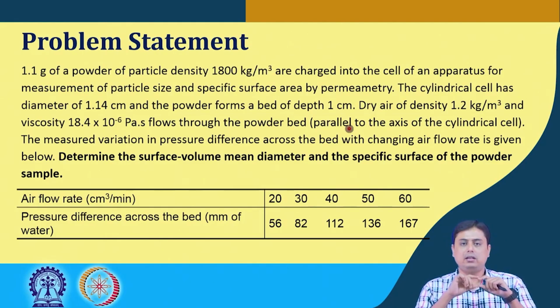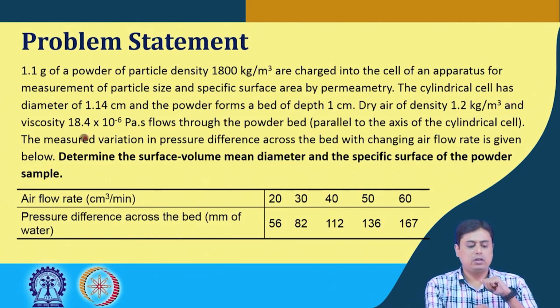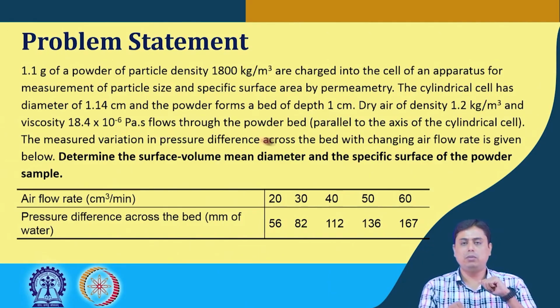Once you fill that cell with the 1.1 gram of powder, it creates a height of 1 centimeter. Then dry air of density 1.2 kg per meter cube and viscosity 18.4 times 10 to the power minus 6 Pascal second flows through the powder bed parallel to the axis of the cylindrical cell. That means it flows along the axis of the cell.